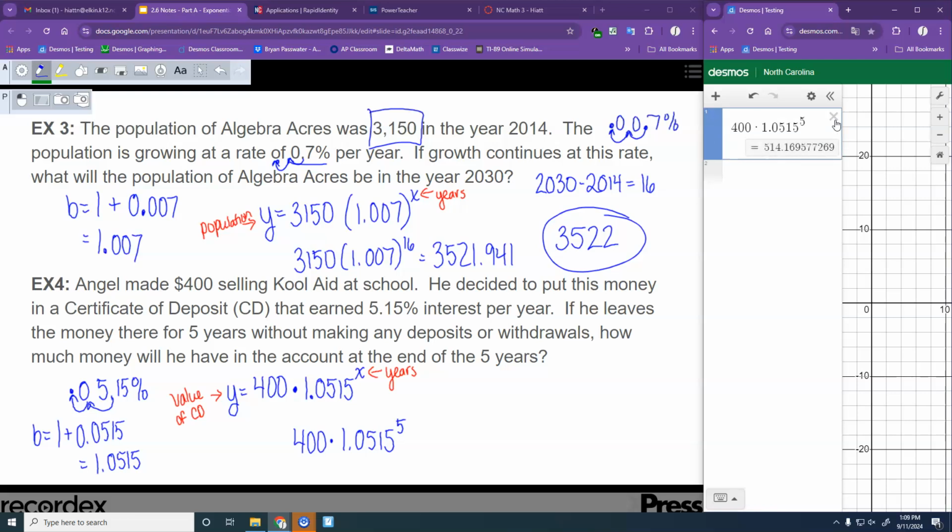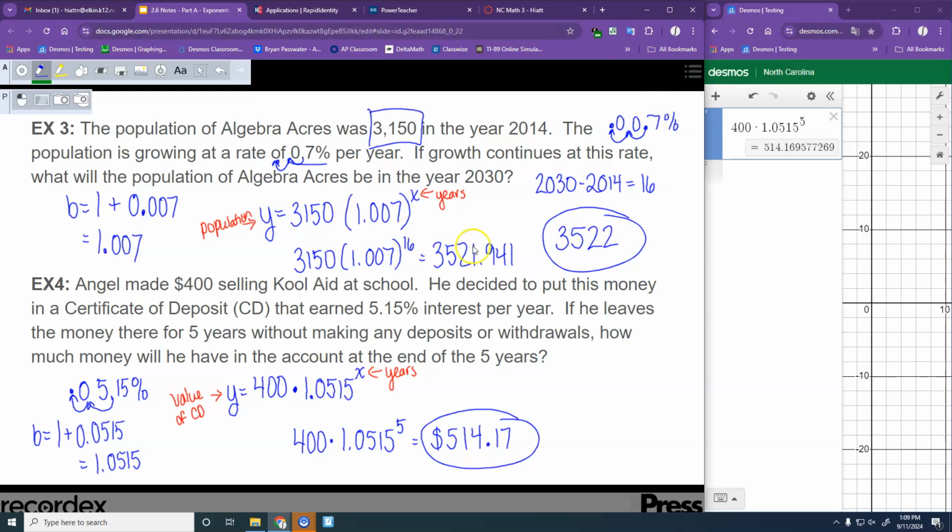And we can see that he would have $514.17. So in that amount of time there, he would earn about $114 just for letting his money sit there in the bank.